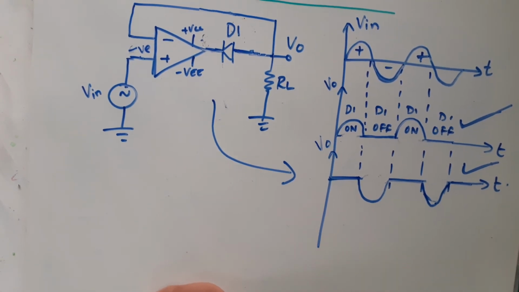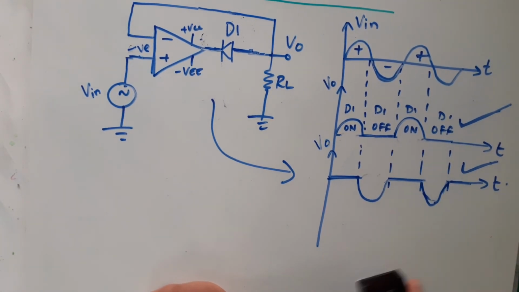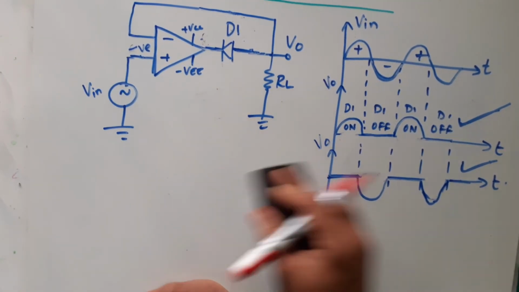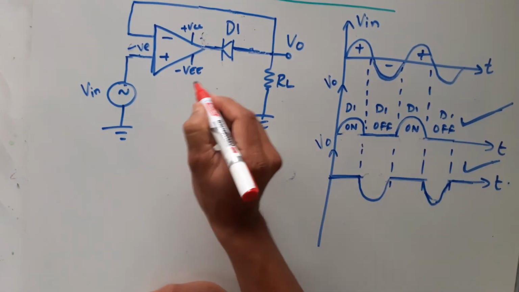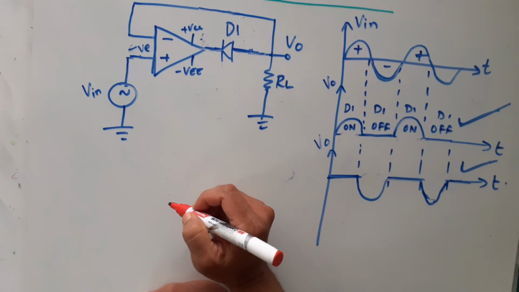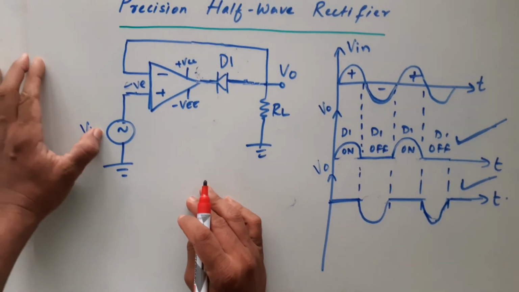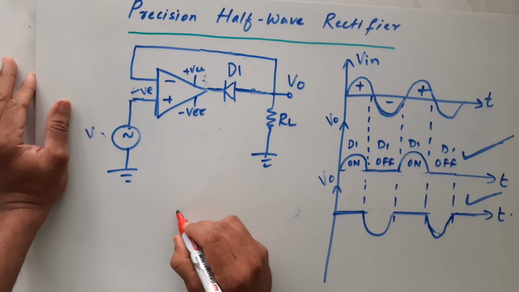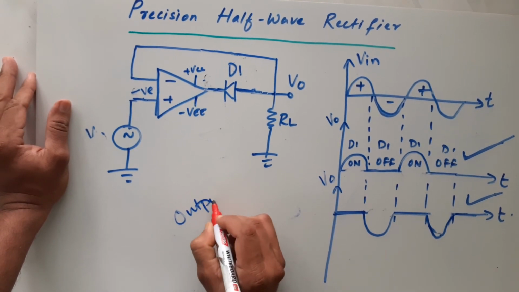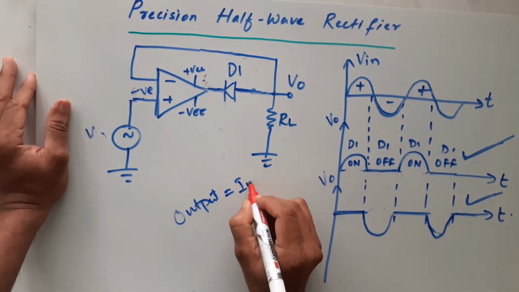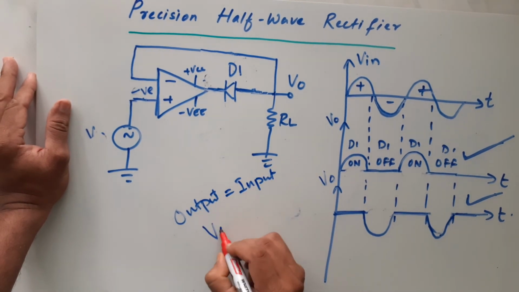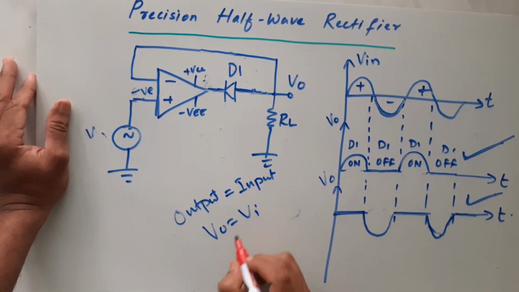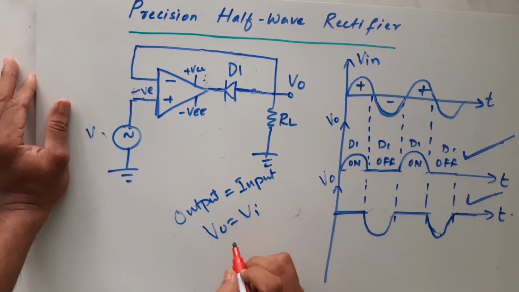Now, another important thing I want to tell you here is, this is when it is working as a voltage follower circuit, right? Voltage follower means output is equal to input. You know already, right? Vo is equal to Vin. Means output is just following the input.